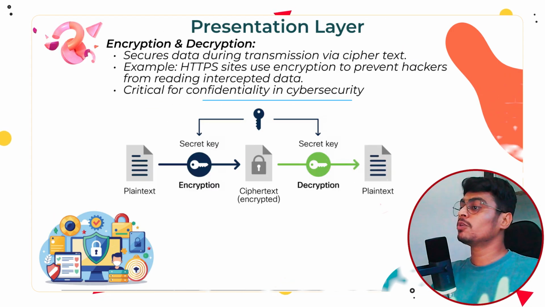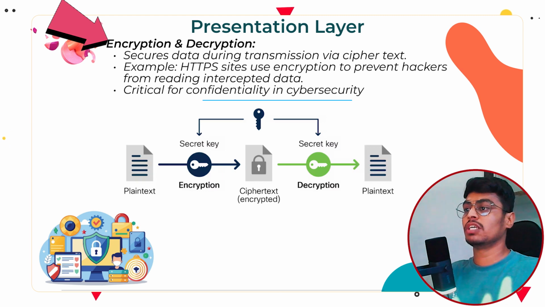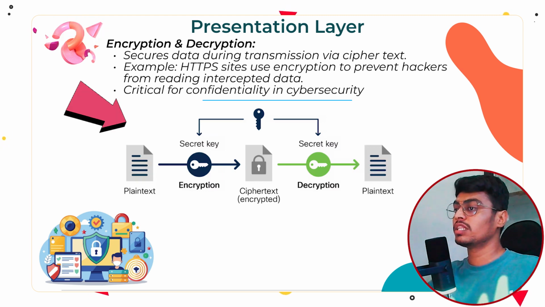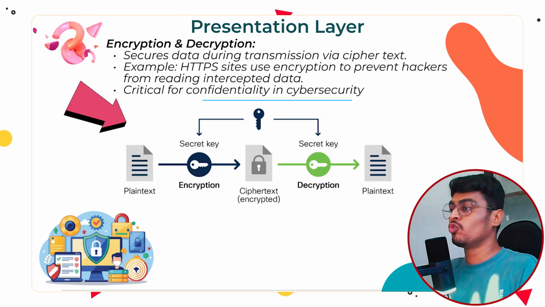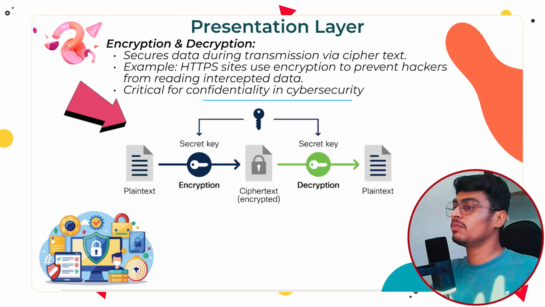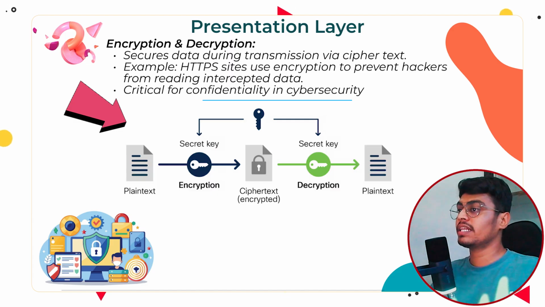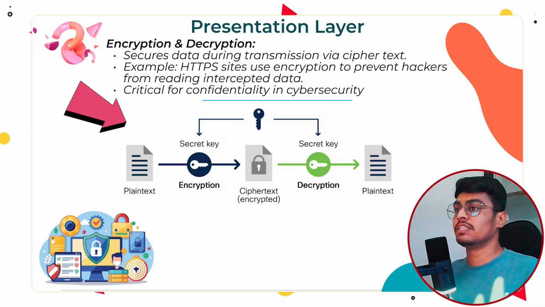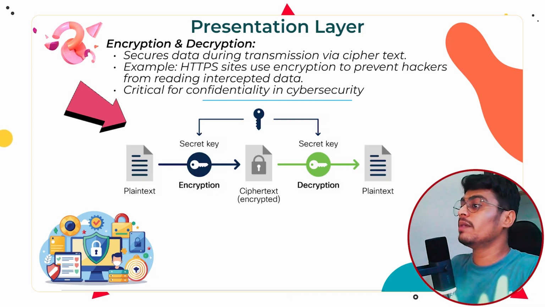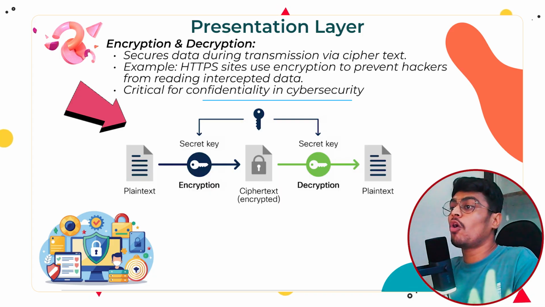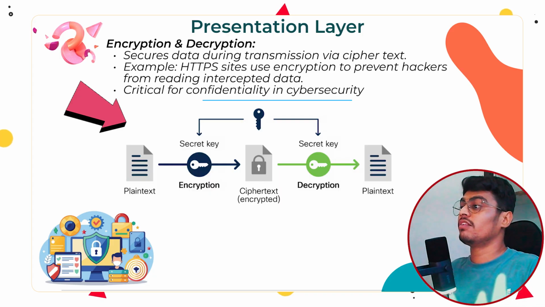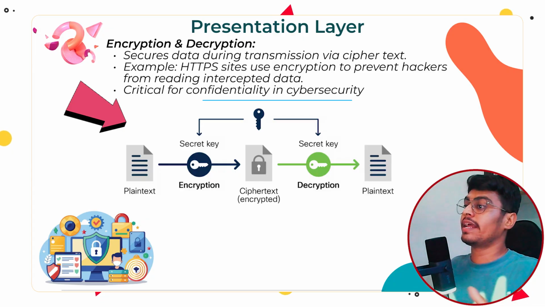The second responsibility is encryption and decryption. The data a machine sends to another machine, like I am taking the example of two machines, but there can be many machines because we are talking about the internet. On the internet, if I'm sending some of my data, there are a lot of vulnerabilities and threats. To remove that, I have to achieve confidentiality. Confidentiality means nobody should be able to read my data. You can keep all the security you want, there are still one or two loopholes that hackers can find.